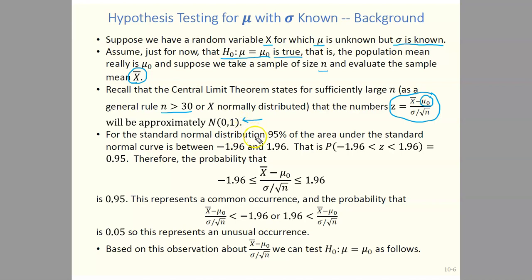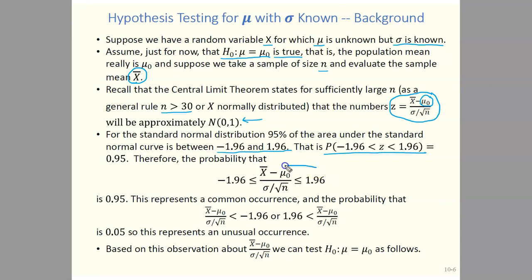Now, recall that for the standard normal distribution, 95% of all of your scores will lie between negative 1.96 and positive 1.96. So in other words, the probability that this number up here, when you calculate it, is between negative 1.96 and positive 1.96 is 0.95.